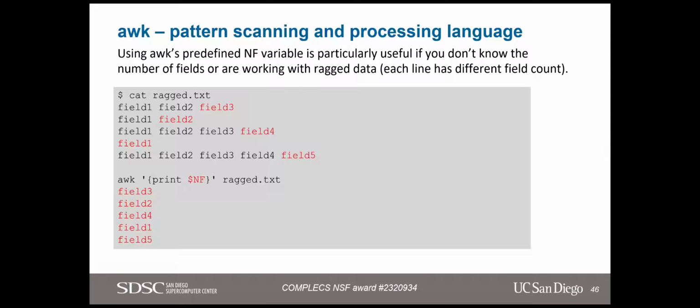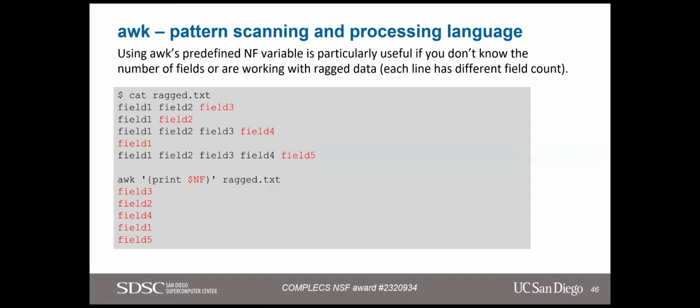But you know the one field that was required was the last field, like an email address. So if you just want that last field, you can use awk print $NF, and it will give you just that field.